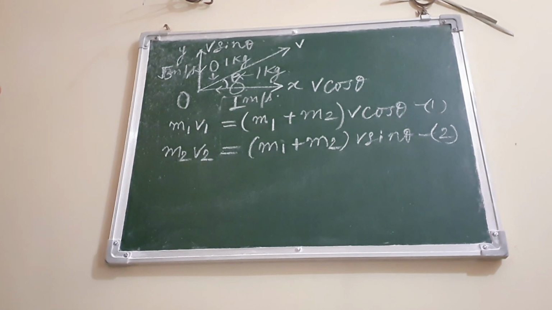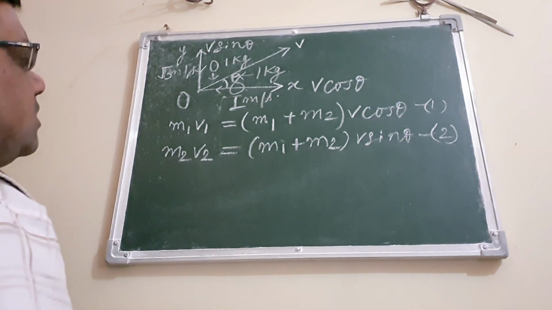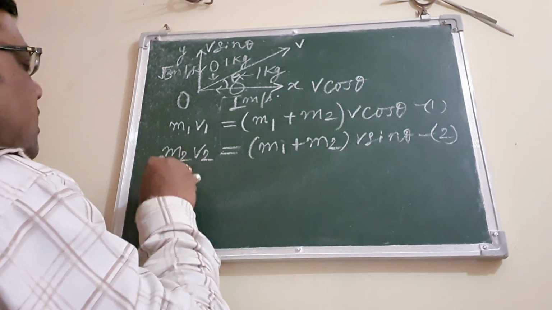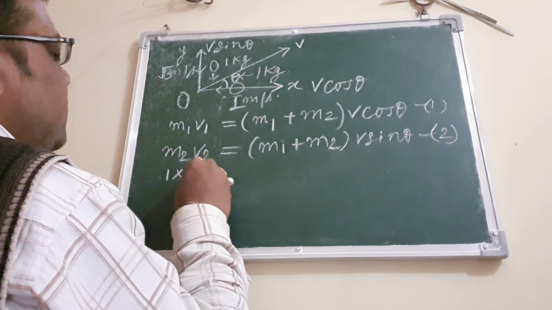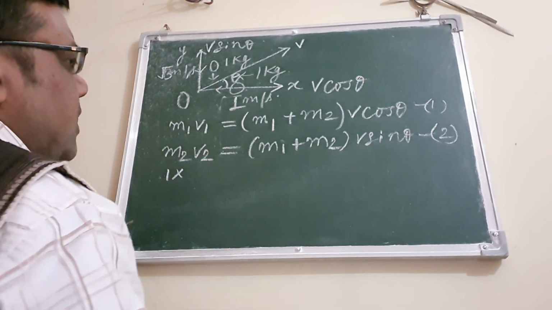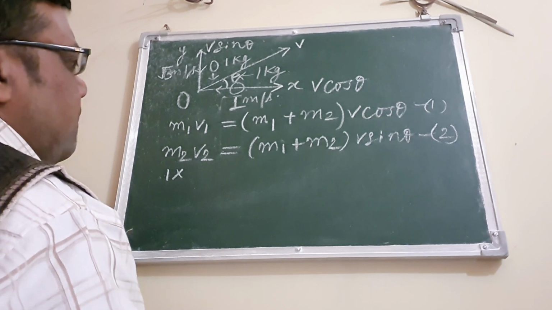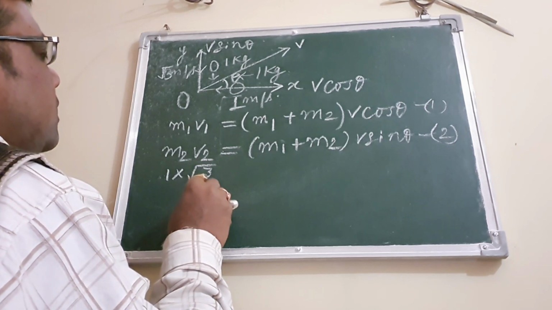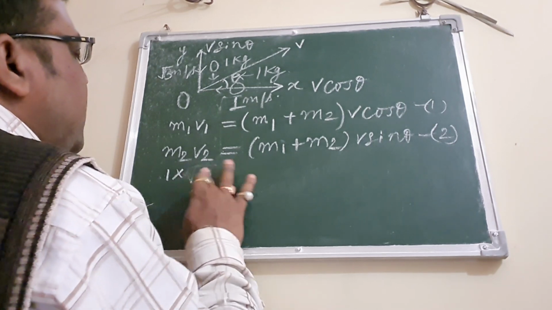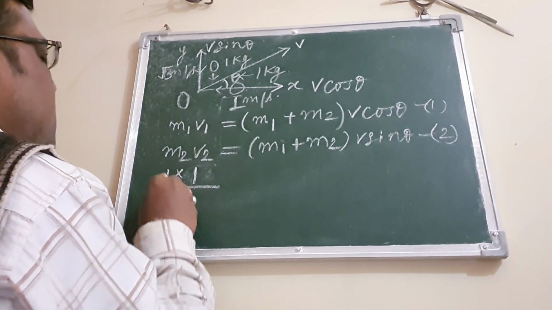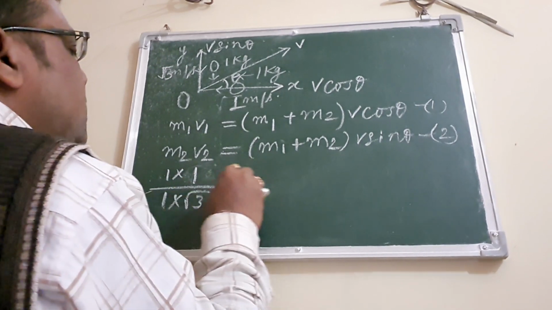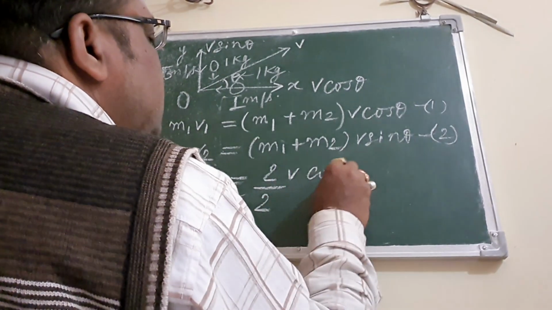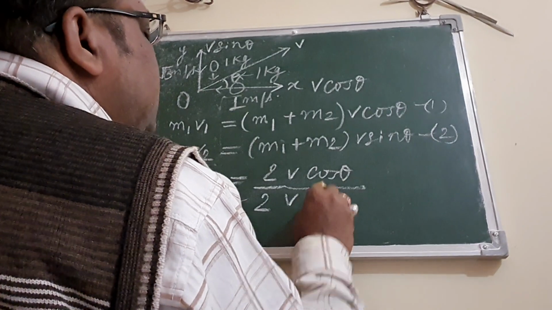Now dividing the first equation by the second and substituting the values, it will be 1 into v1, and v1 will be root 3 in the horizontal direction. So 1 upon 1 into root 3 is equal to 2 upon 2 into v cos theta upon v sin theta.